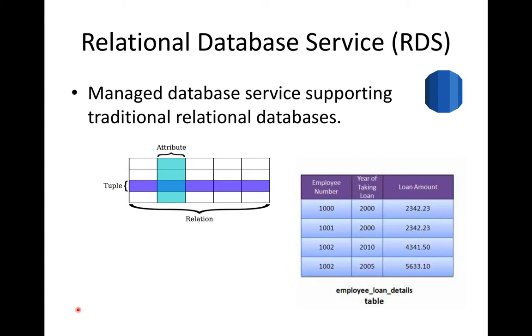You can offload the management and the maintenance of the database service to AWS, and they take care of figuring out how to cluster a database across multiple availability zones, how to back up the database, and so on. And you can focus your time and energy on building your application and integrating with the RDS service.